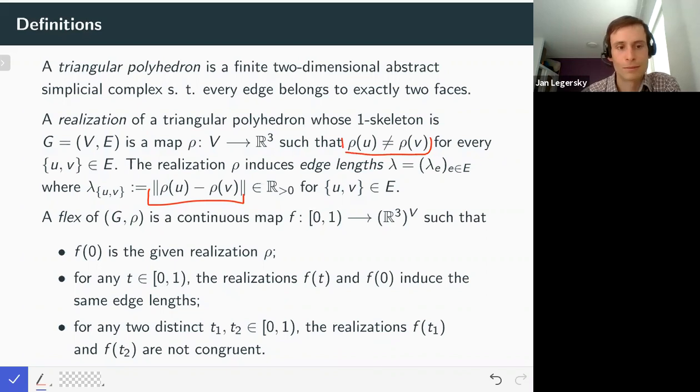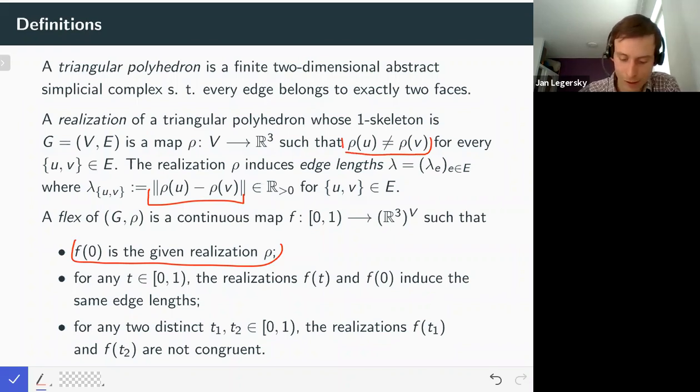And we study flexible polyhedra, so I should say what a flex is, or to be more precise, a non-trivial flex is a continuous map from an interval into the space of all realizations, such that the flex starts at my given realization of my polyhedron.